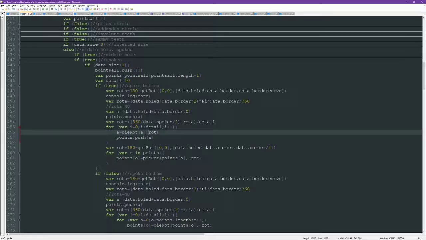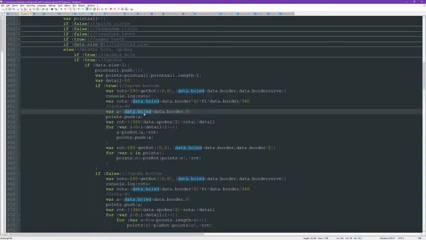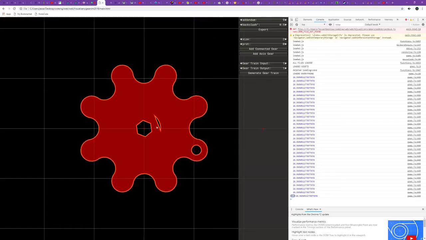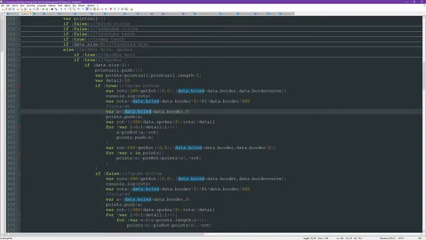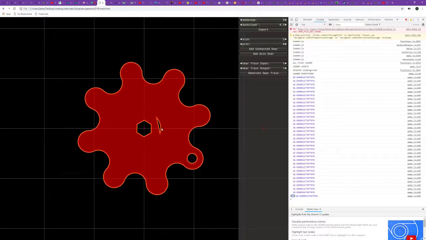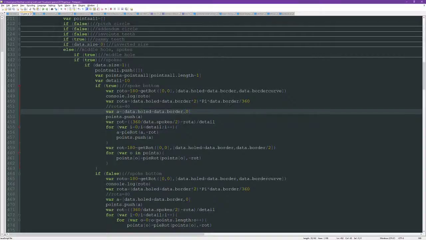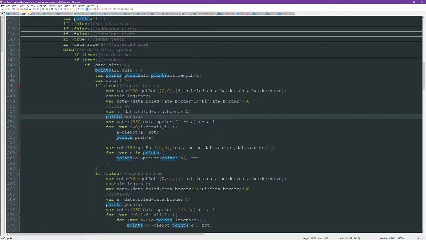Why do you not start at 0? I don't understand. The whole width plus the border size and 0 up or down. Okay, that should be straight across this line. Allocation. Putting that into points.